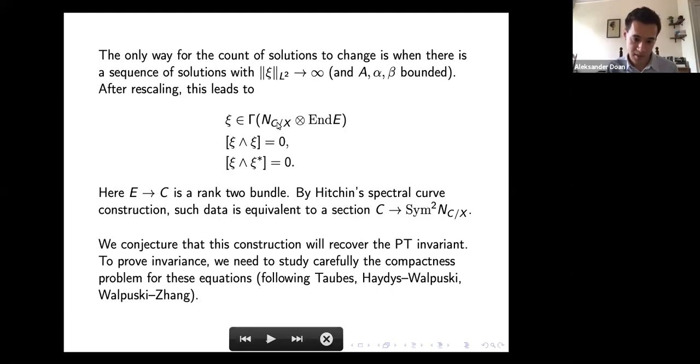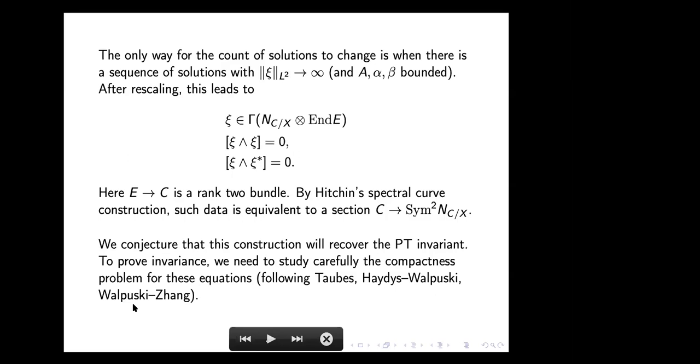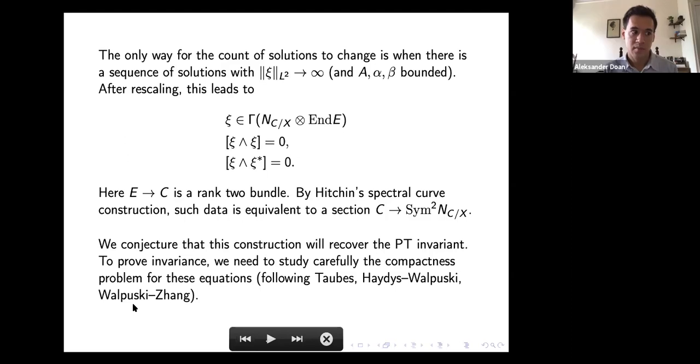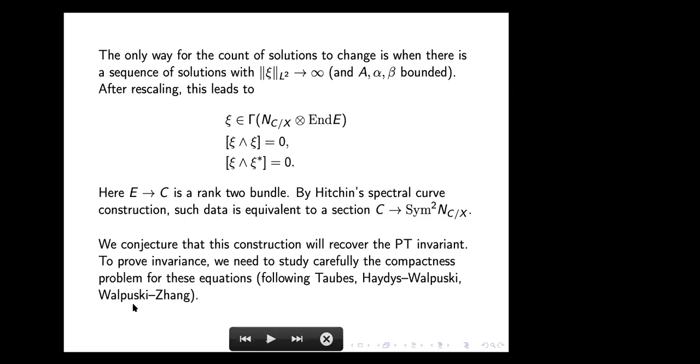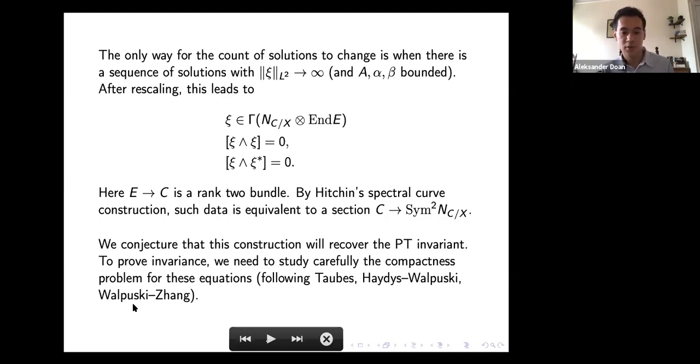Their theorem is based on this work of Taubes, and there's also a paper by Walpuski and Zhang. This is just a general gauge theory question. Give me a system of generalized Seiberg-Witten equations, and when do I lose compactness for those? So there are lots of results in this direction. In dimension 3 and 4, this is actually a very hard problem because when you lose compactness, you want to say after rescaling, you converge to something.